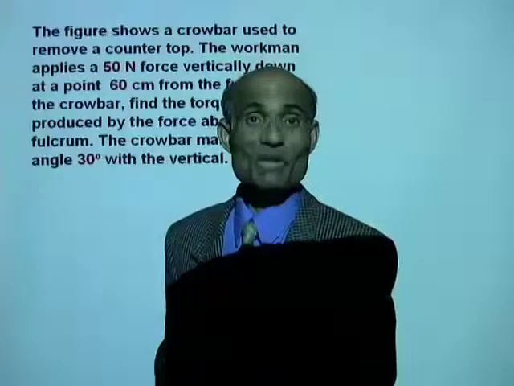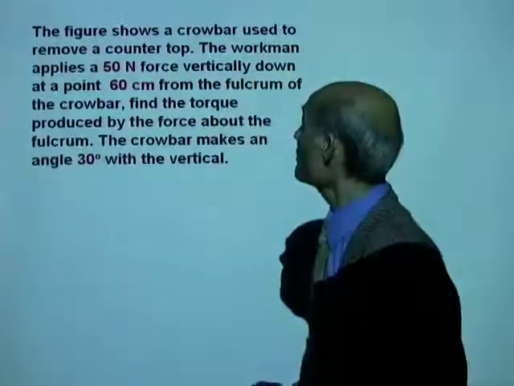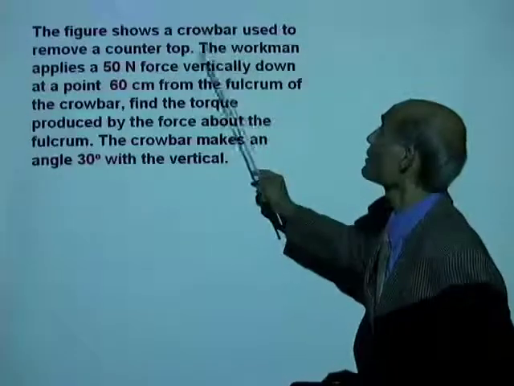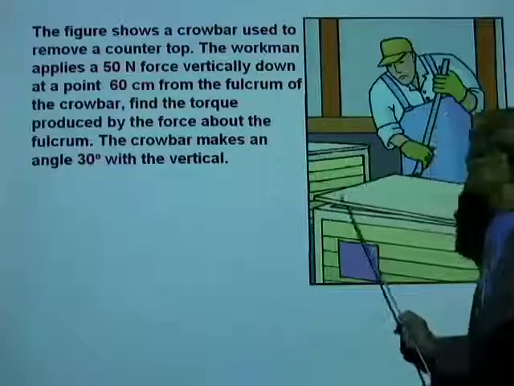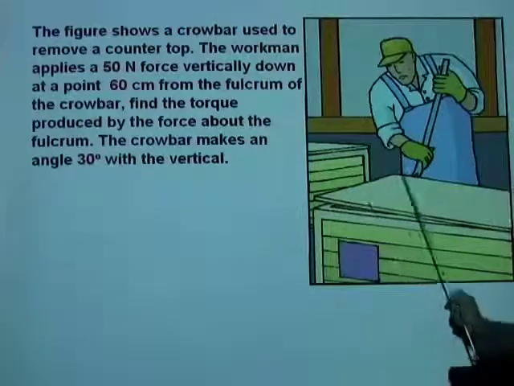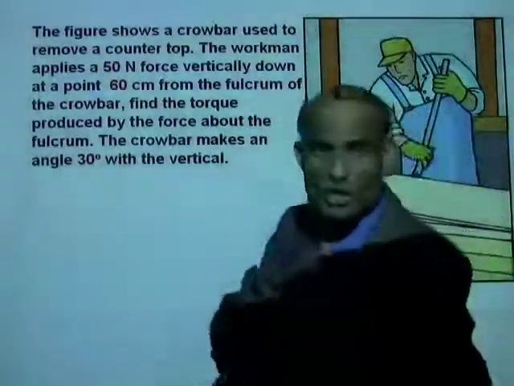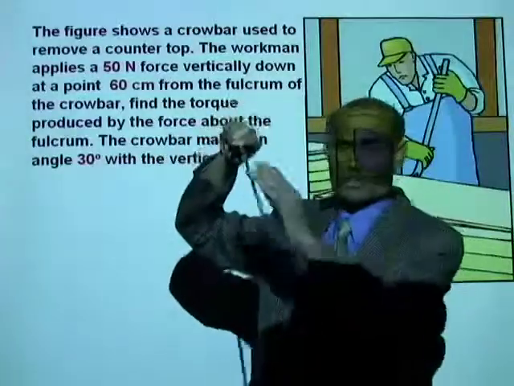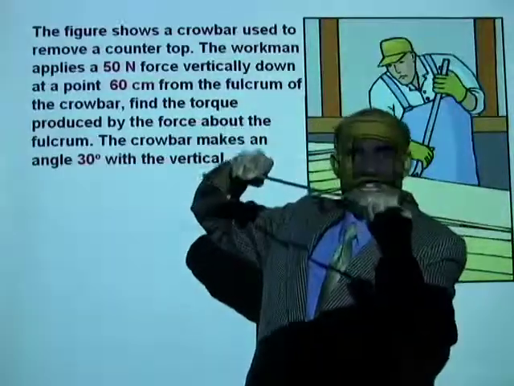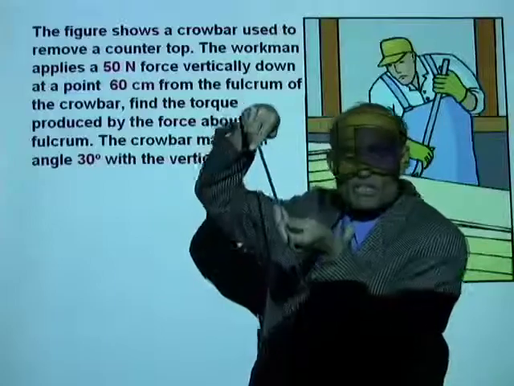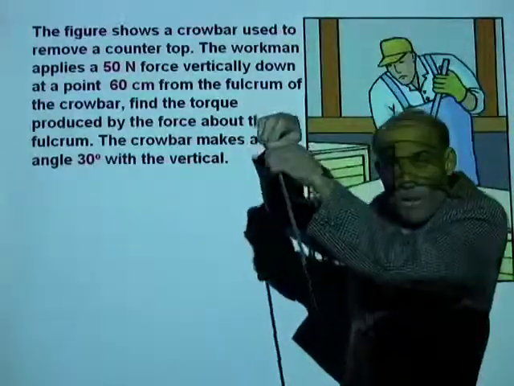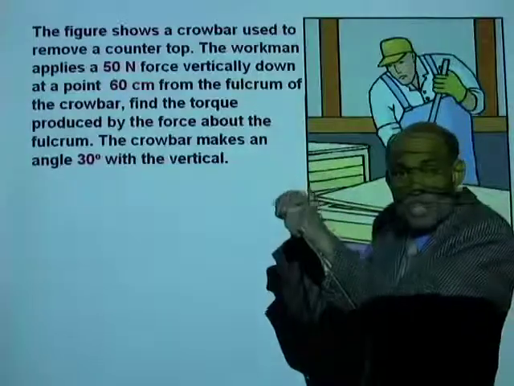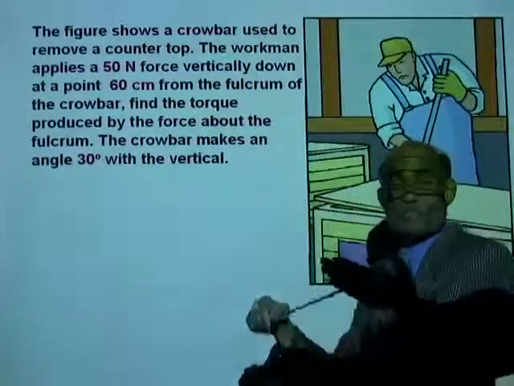Okay, let's now look at a problem. The figure shows a crowbar used to remove a countertop. Now, very familiar example, is that right? This is the countertop and you use a crowbar, which is something like this, which has a bent end. I can insert the bent part under the counter and apply a force directed downward to produce a rotation.